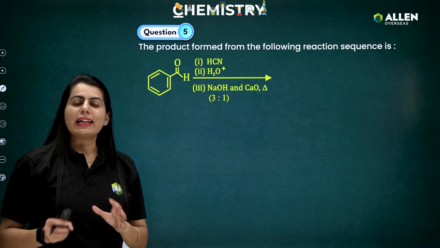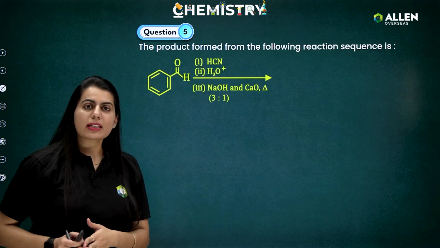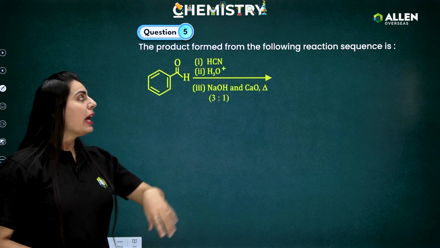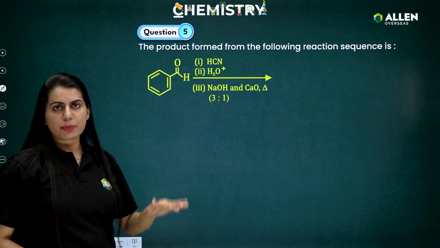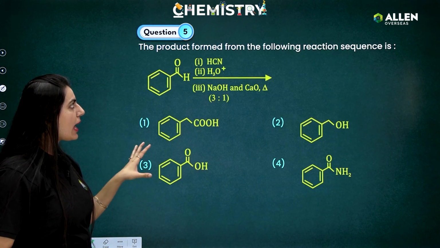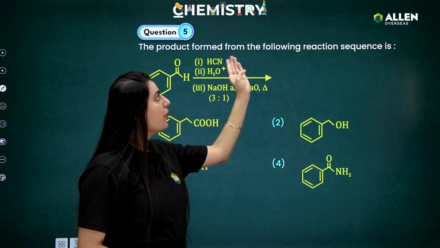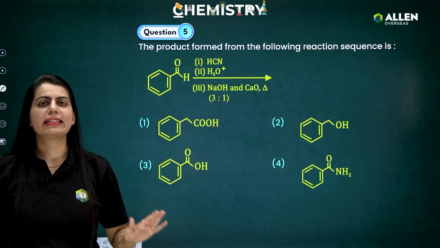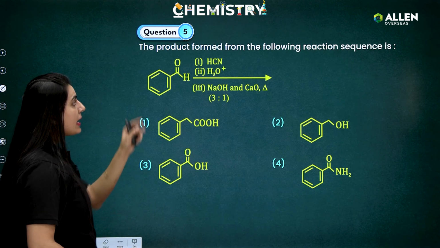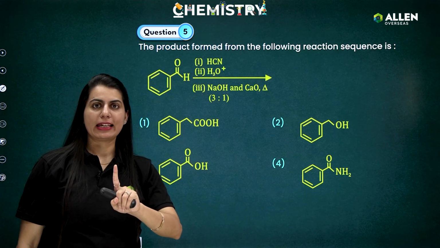Alright, so let's discuss question number 5. This particular question is regarding benzaldehyde undergoing this particular reaction. You can clearly see that they are asking us the product formed from the following reaction sequence. First, cyanohydrin formation is taking place.